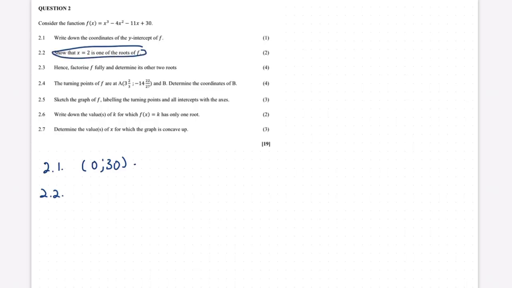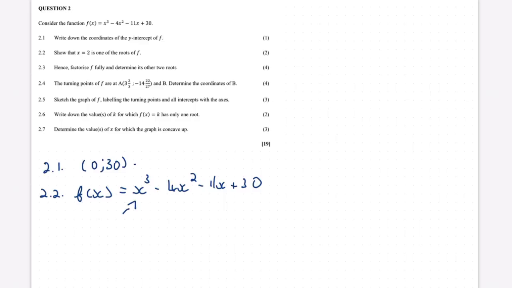Question 2.2 says, show that x is equal to 2 is one of the roots. We know that f of x is equal to x cubed minus 4x squared minus 11x plus 30. If you replace x with a number and it so happens to give you 0, then it means that number is one of the roots, right?